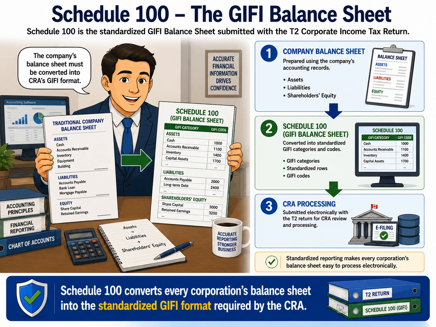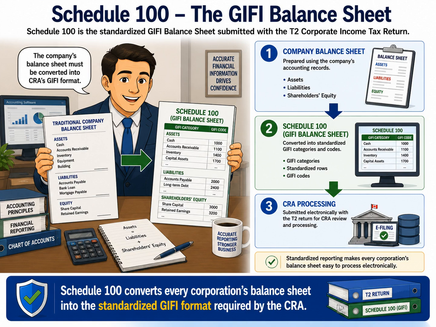This balance sheet is prepared from the accounting records and includes the three fundamental sections of every balance sheet: assets, liabilities, and shareholders' equity. At this stage, the corporation is still using its own chart of accounts and account names. The next step is to convert that balance sheet into Schedule 100.